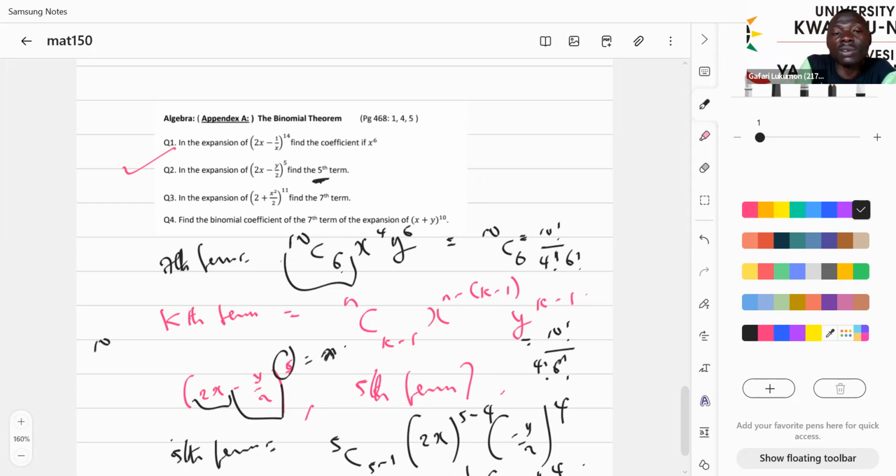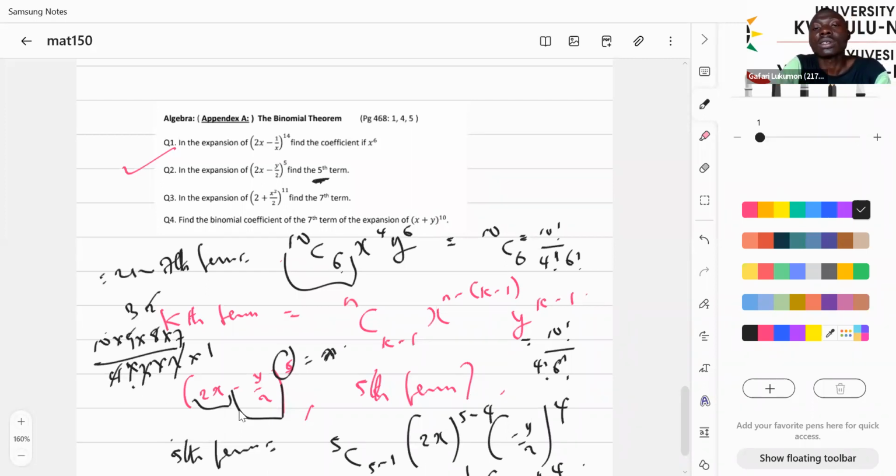You can say 10 times 9 times 8 times 7, multiplied by 6 factorial, over 4 factorial, and 4 factorial is 4 times 3 times 2 times 1. So you can cancel: 4 here, 1; 2 cancels 2; 3 here, 1. Then you have 30. I think that should be 210. Right? Yeah, 210. Thank you, Luvo. So that should be 210.